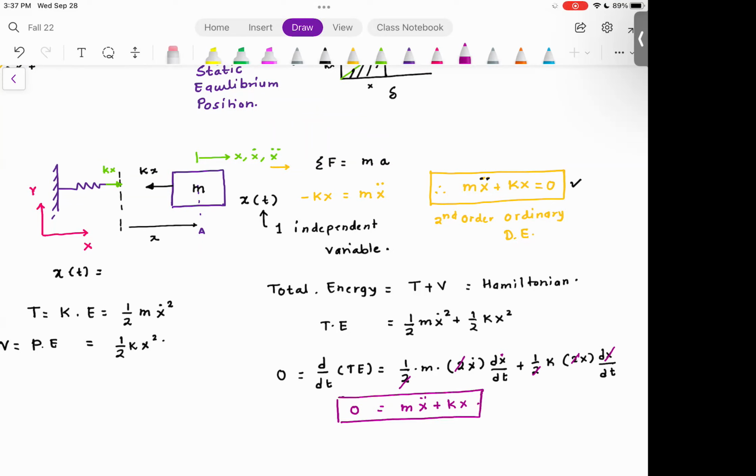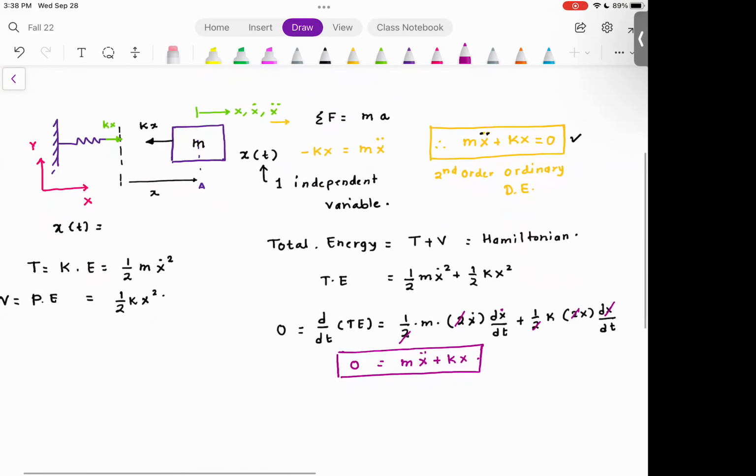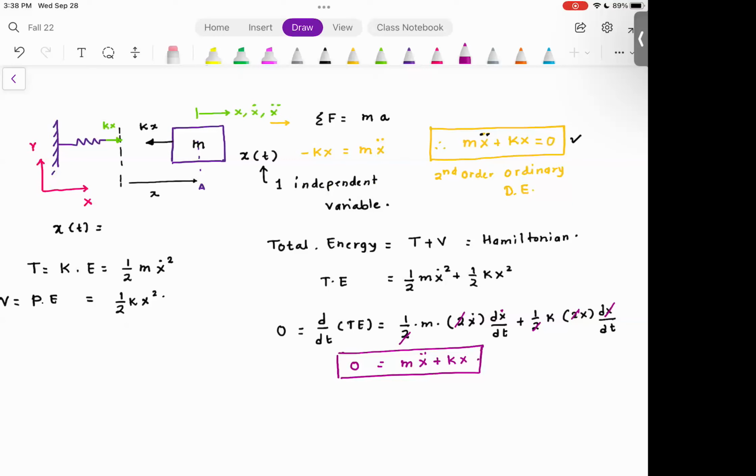The only difference here is that we did not have to calculate the free body diagram, or derive the expressions, or assign the coordinate system, but still I got the same expression. No, did I make a mistake? So x dot squared.